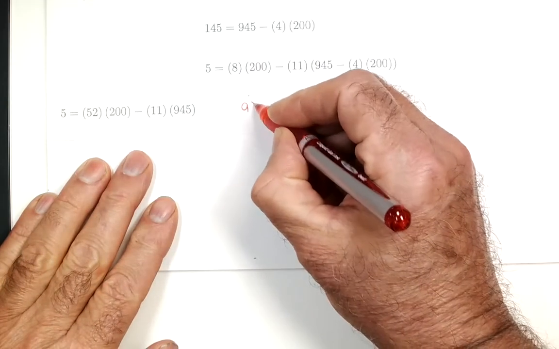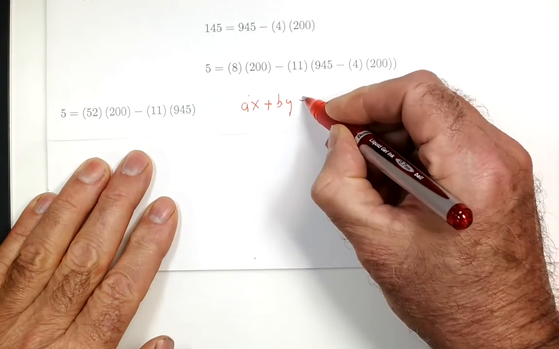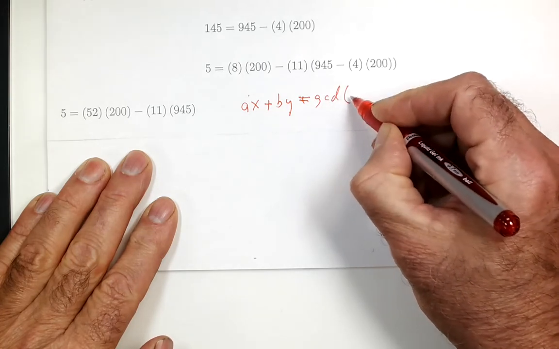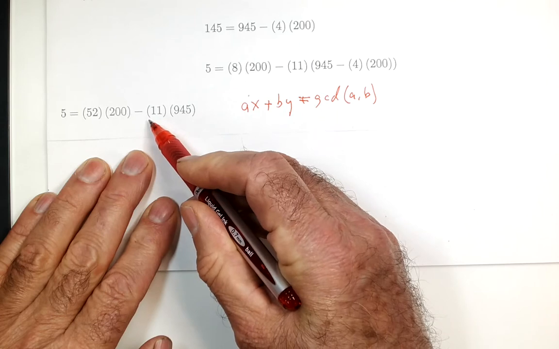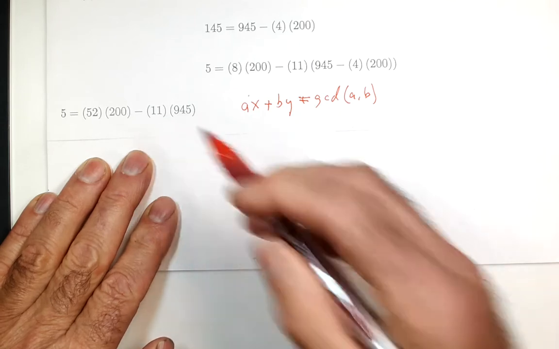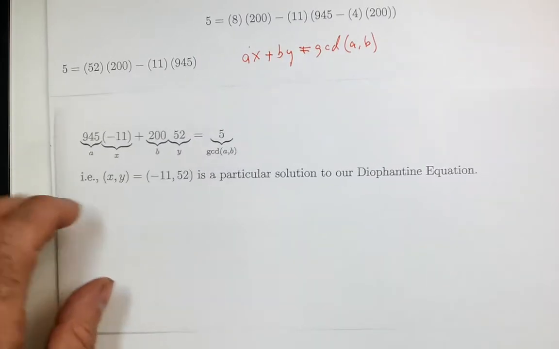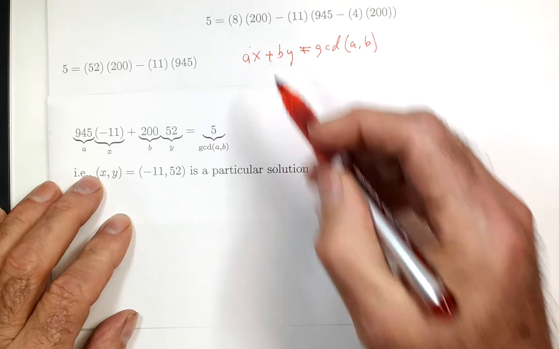The original equation was of this form, ax plus by equals greatest common divisor of a and b. We want to take this and rewrite it in exactly that form, including we want this to be a plus sign.